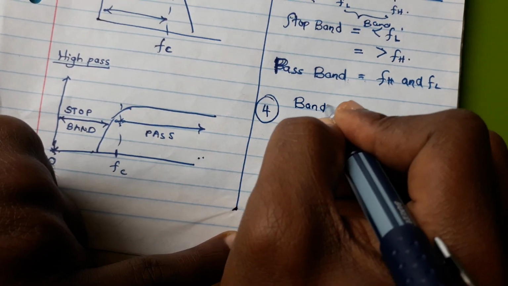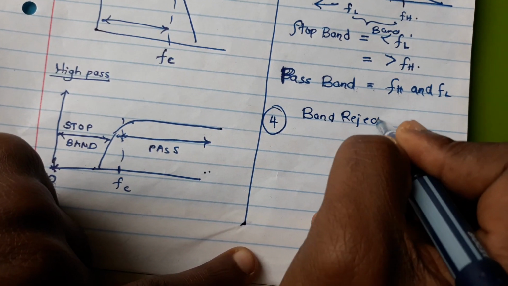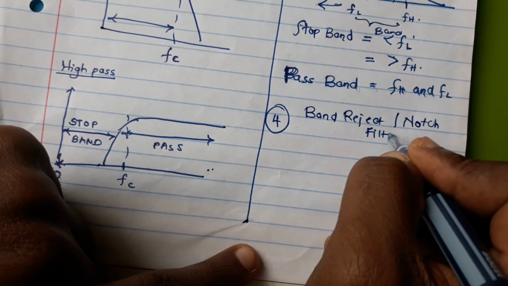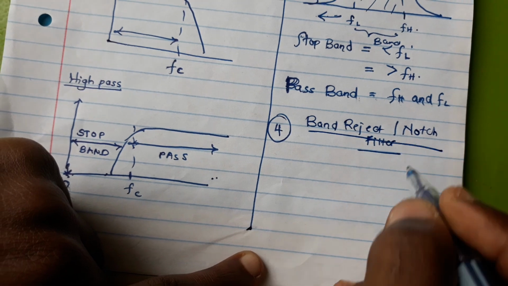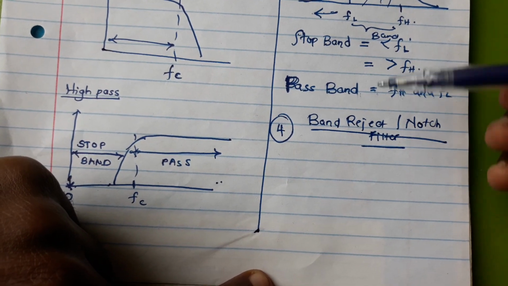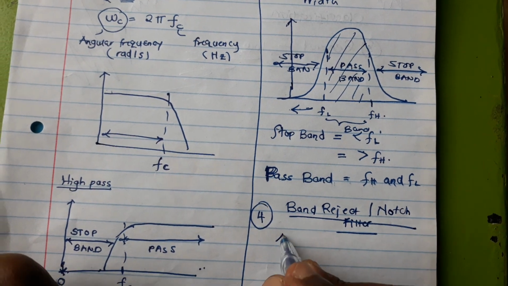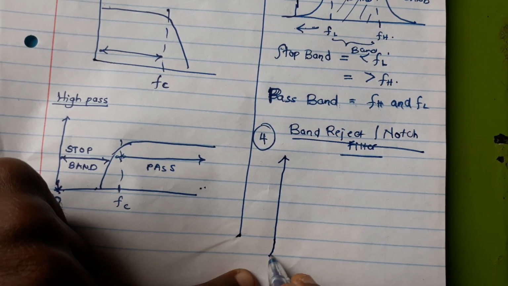So we have band reject or notch filter. And this is the opposite of the band pass filter. And its response is given as follows.